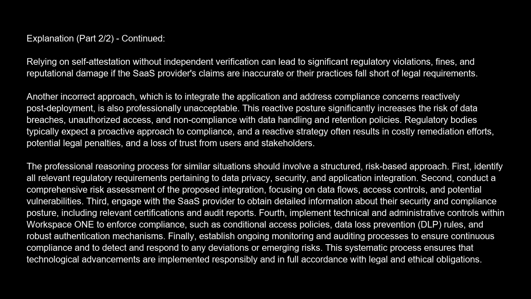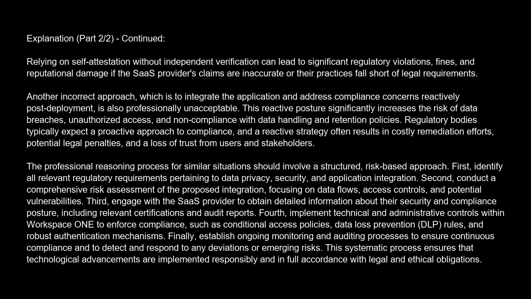The professional reasoning process for similar situations should involve a structured, risk-based approach. First, identify all relevant regulatory requirements pertaining to data privacy, security, and application integration. Second, conduct a comprehensive risk assessment of the proposed integration, focusing on data flows, access controls, and potential vulnerabilities.